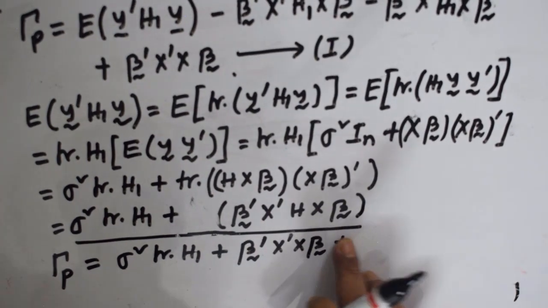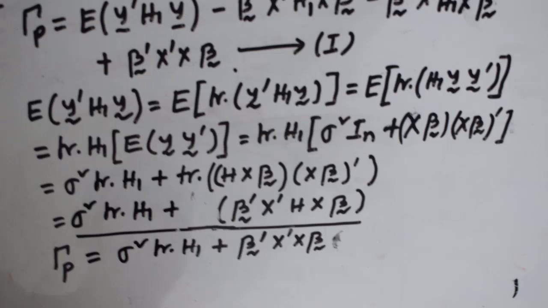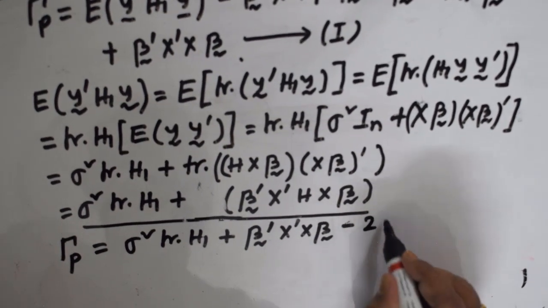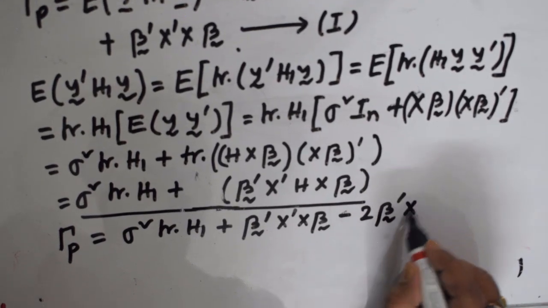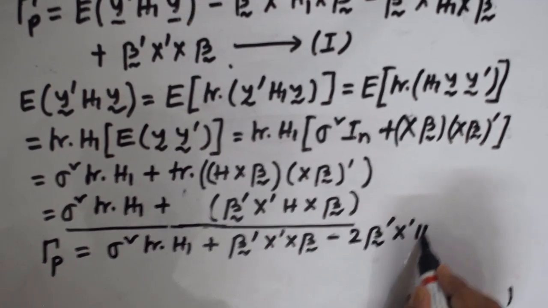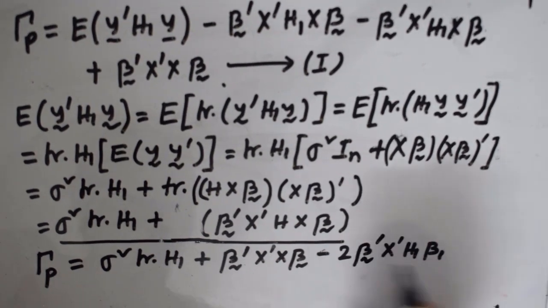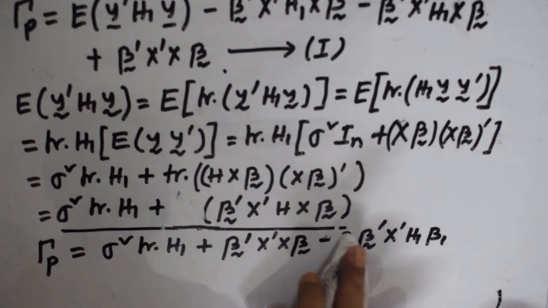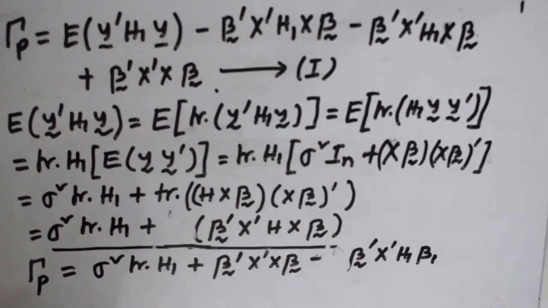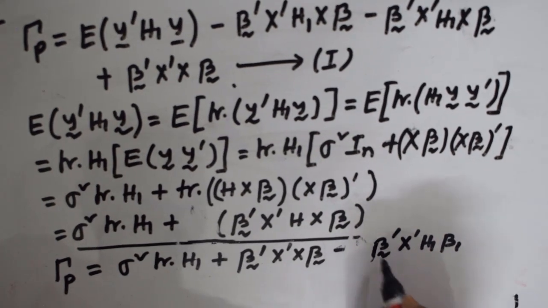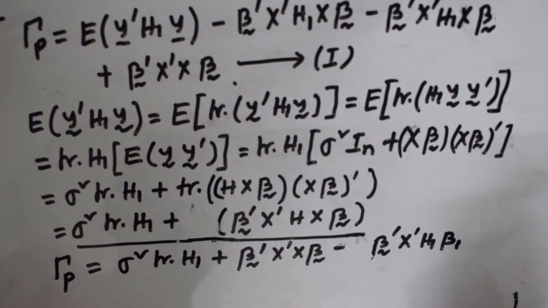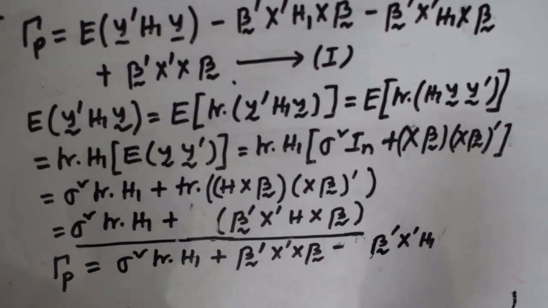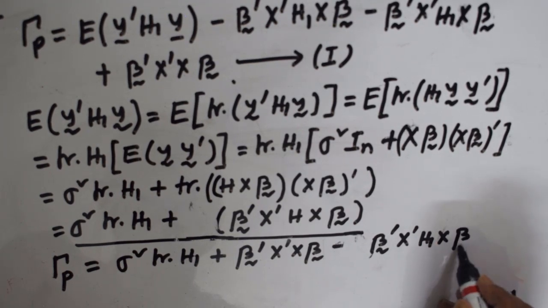So this is nothing but minus 2 beta curl prime x prime h1 x beta curl, and plus this, so this two, so this is nothing but minus of beta curl prime x prime h1 x beta curl.